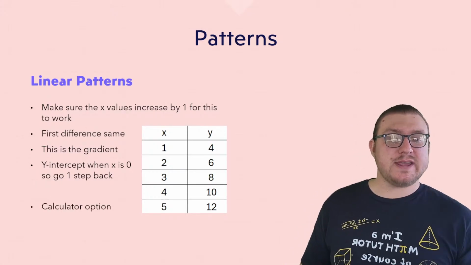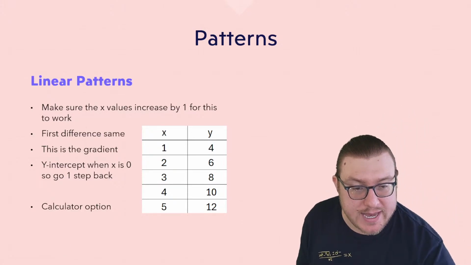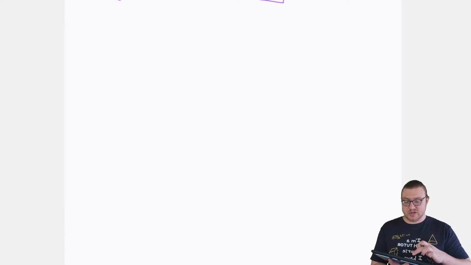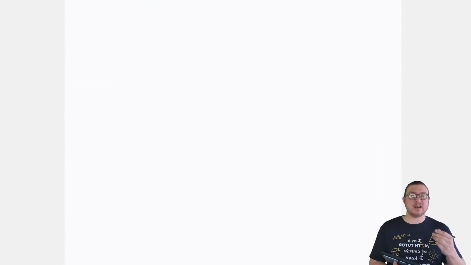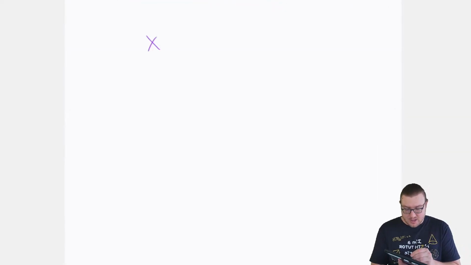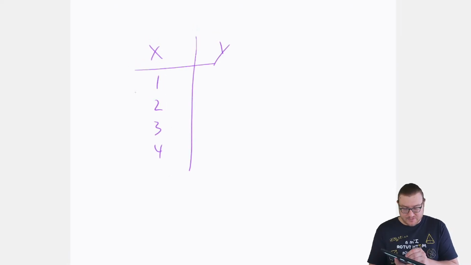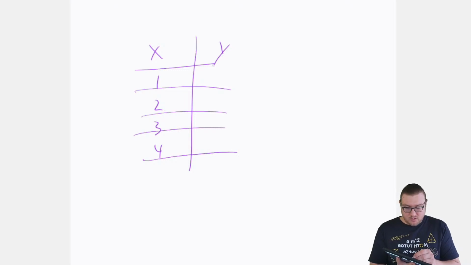So we will do the calculator option, but actually I will just quickly show you how I would do this in an exam, so you know you can just copy exactly the method that I'm using. We had our X and Y table with values 1, 2, 3, 4, and until 5, but that's okay. And our Y values were 4, 6, 8, 10, and there was 12 as well.